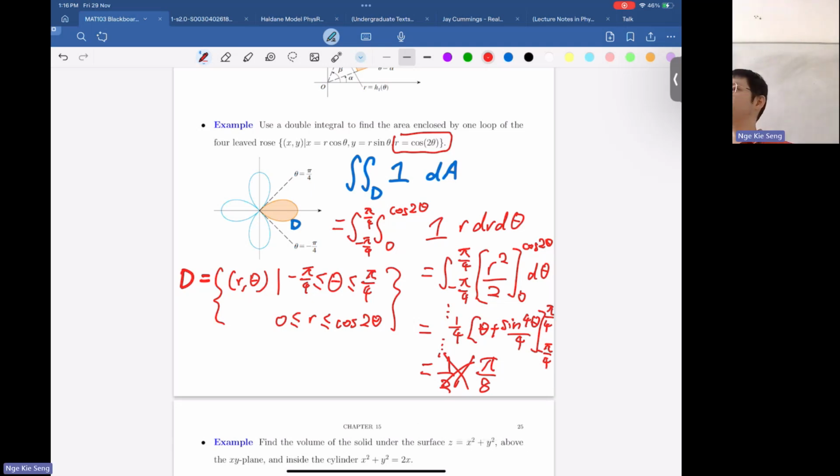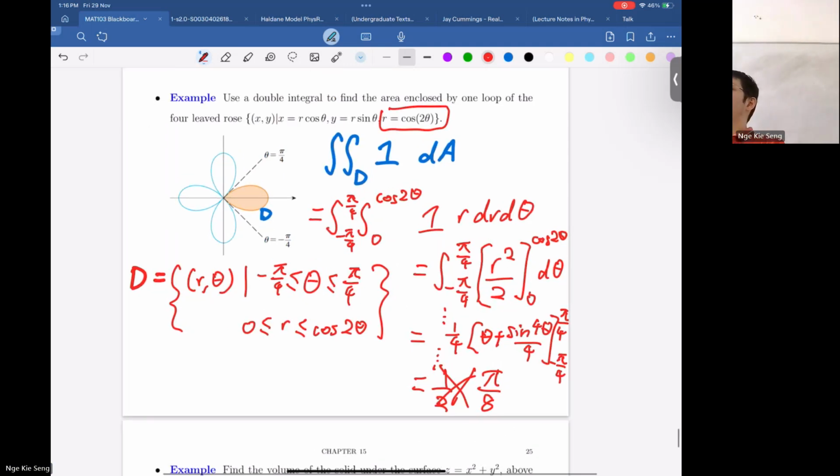Did you get it? So basically, you should be checking these two intermediate steps here. Okay, and let's continue.